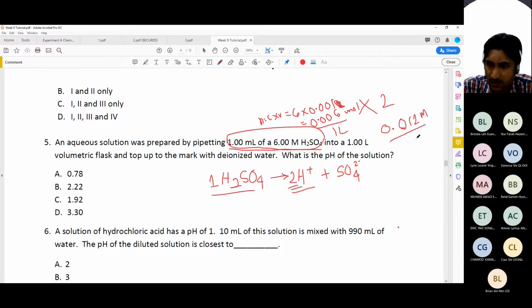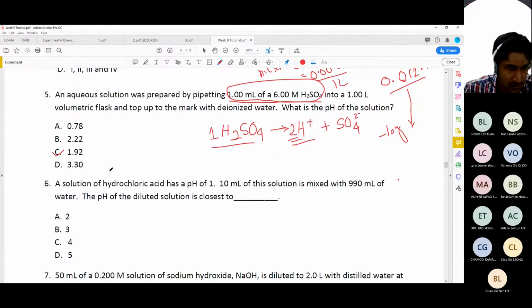And for the pH of the solution, we have to take the negative log of this value. And then it will give you the pH of the solution, 1.92. That is how you will get the pH of the solution.